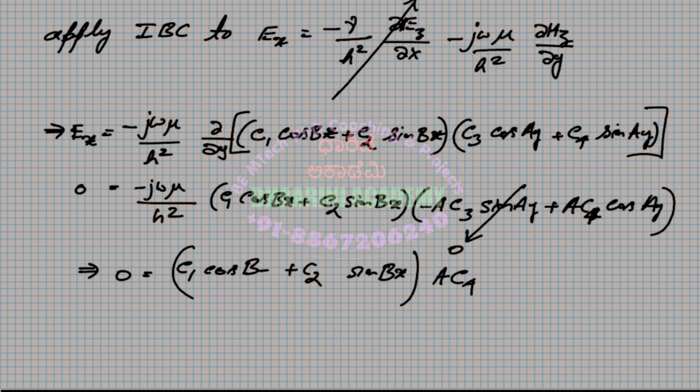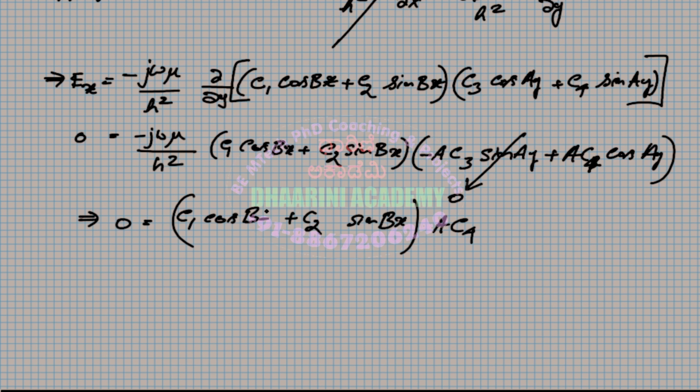Now I understand that x actually is a variable. So x is a variable which varies from 0 to a during this.